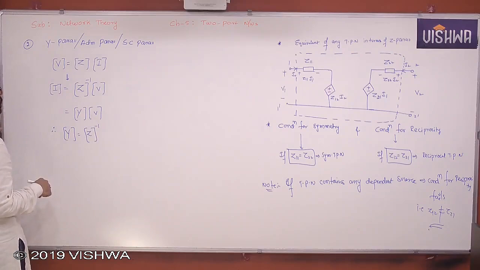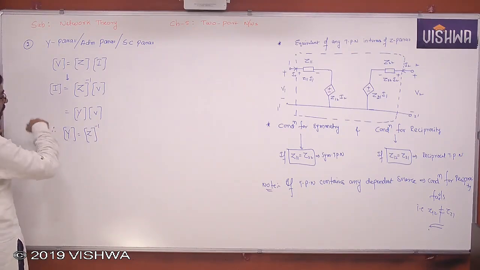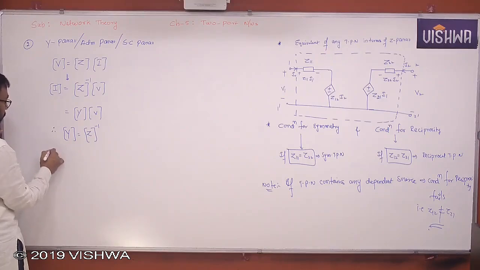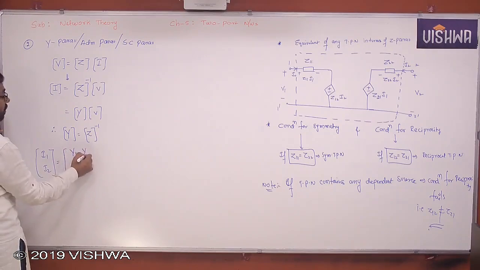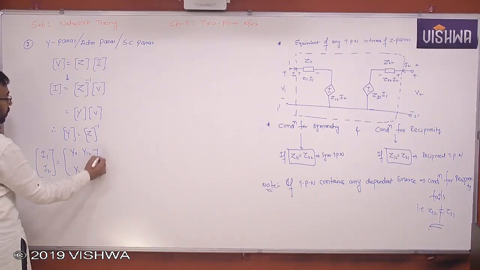Now, I will go with I1, I2 is equal to the matrix Y11, Y12, Y21, Y22 into V1, V2.